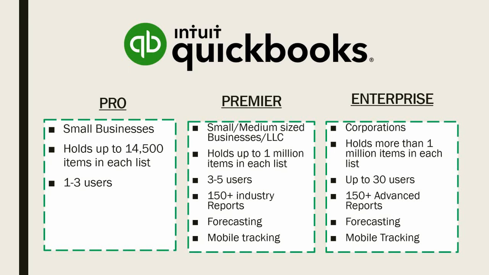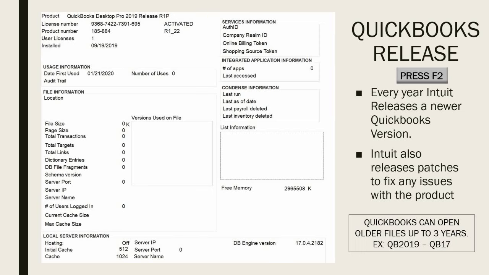Okay, so the one thing that I want you to know, because I wrote it here at the bottom, is that QuickBooks allows you to work with older files. Now, the oldest file you can work with is only 3 years prior.